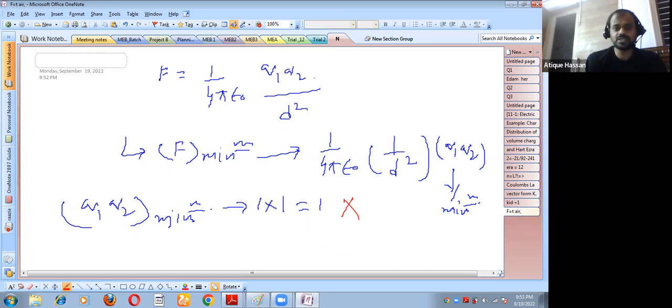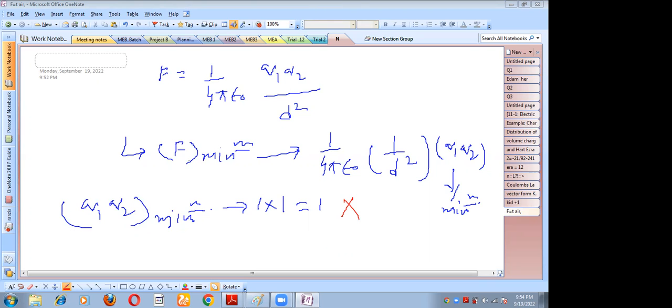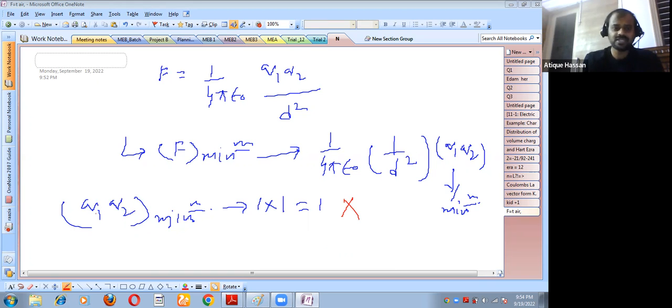We have just studied in the property of quantization of charge that the minimum charge possible is e. What is the minimum possible charge? Electronic charge e. It is not 1 coulomb. 1 coulomb is a very big charge. So it should be e into e.